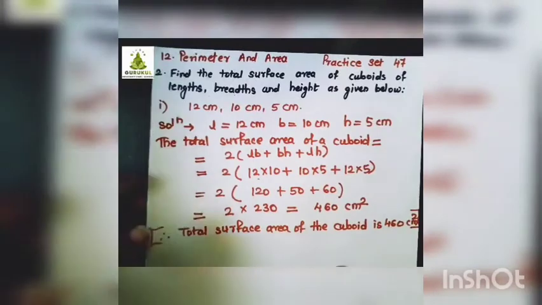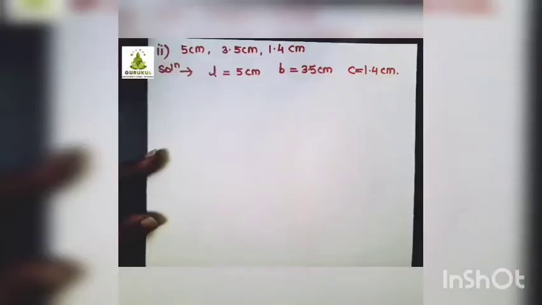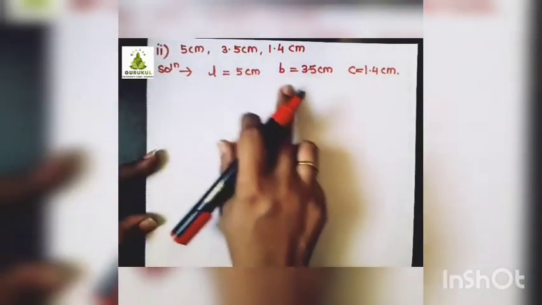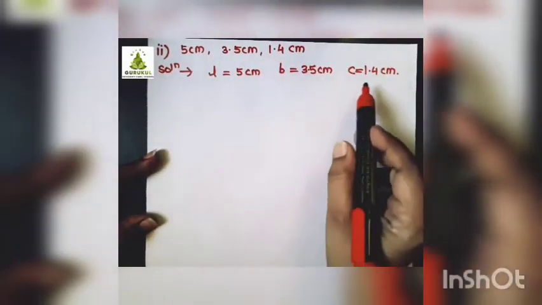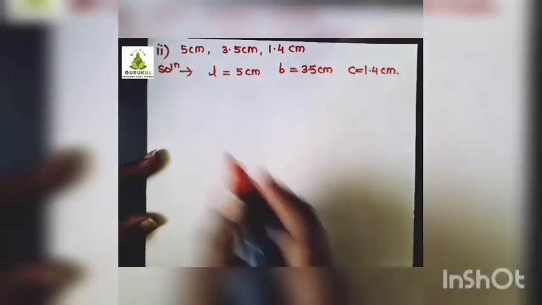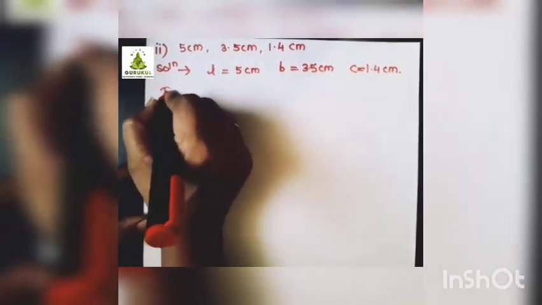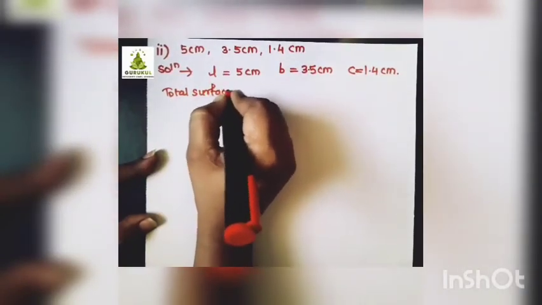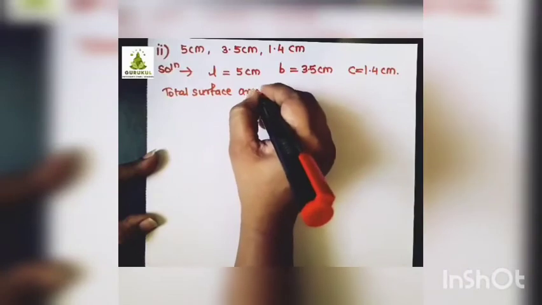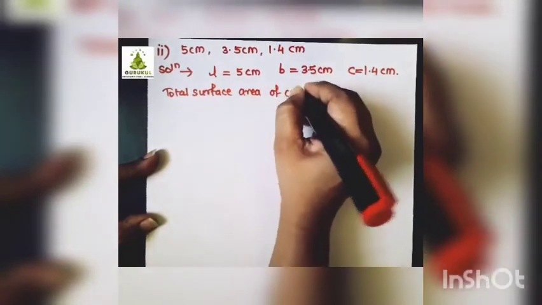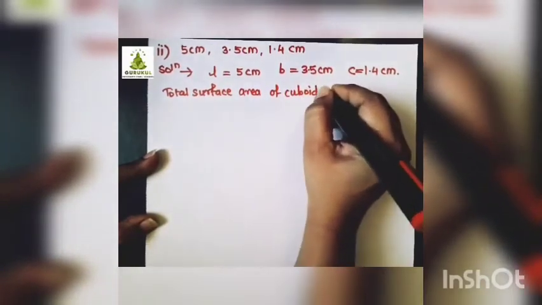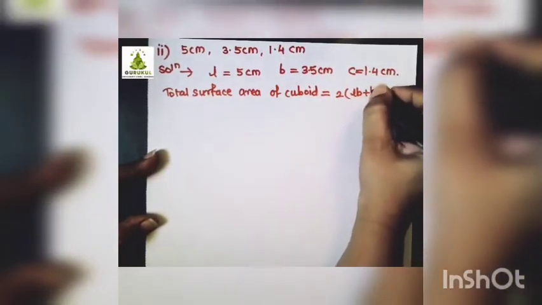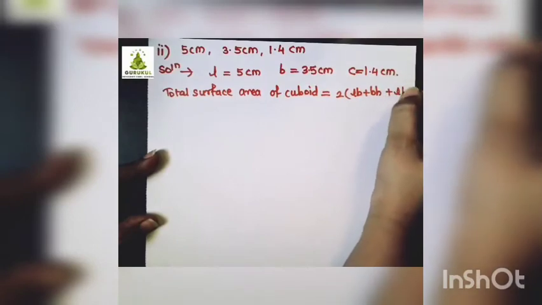Now let's go for second one. In second sum, length they have given 5 centimeter, B they have given 3.5 centimeter and H they have given 1.4 centimeter. So we will write down the formula. Total surface area of the cuboid is equal to 2 into bracket LB plus BH plus LH.